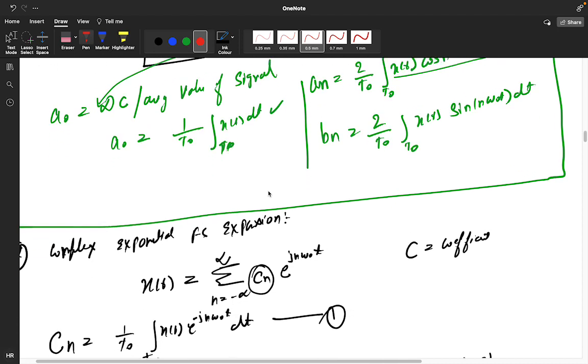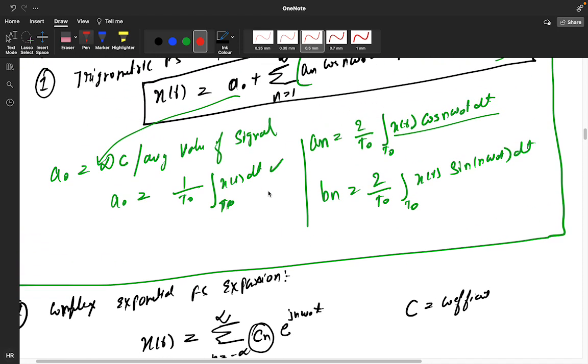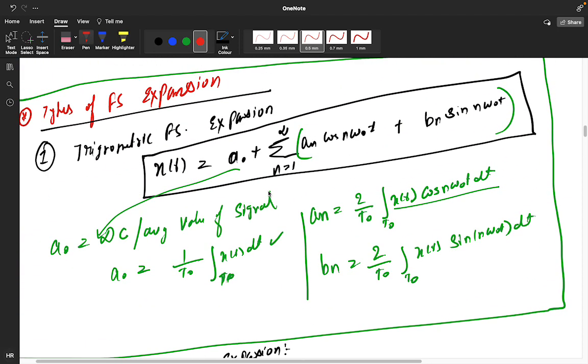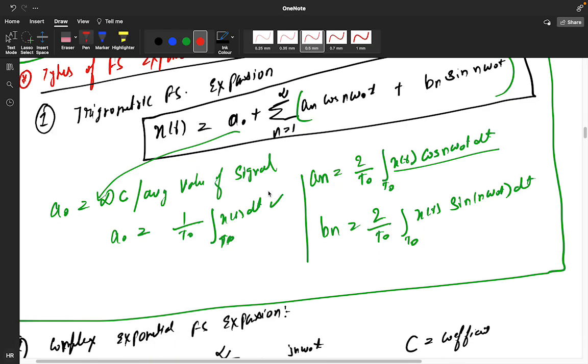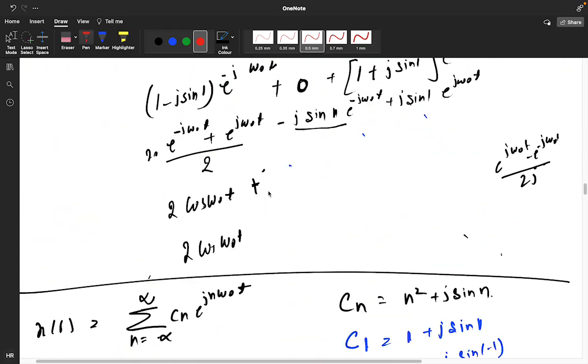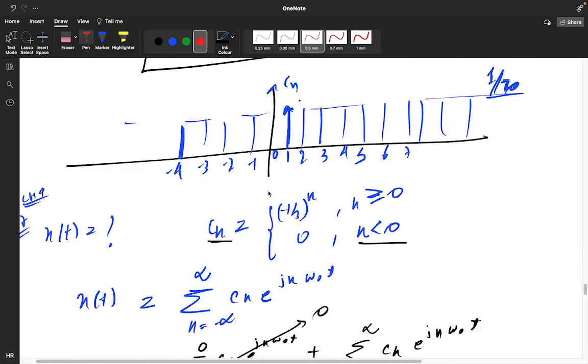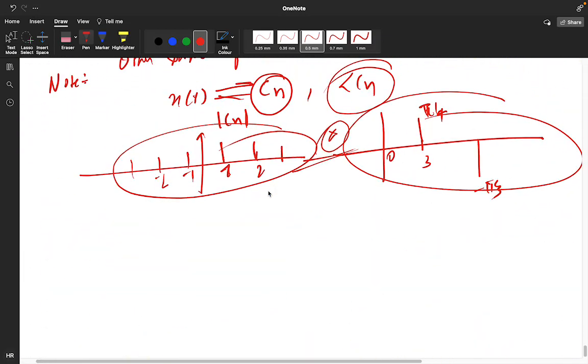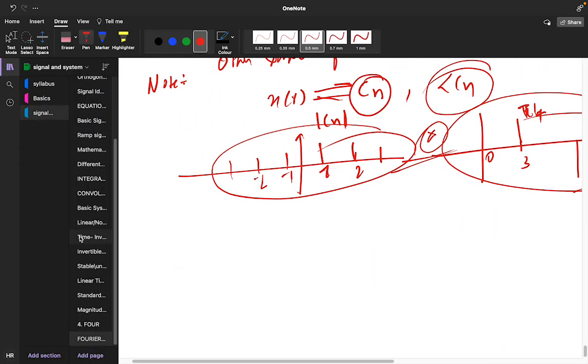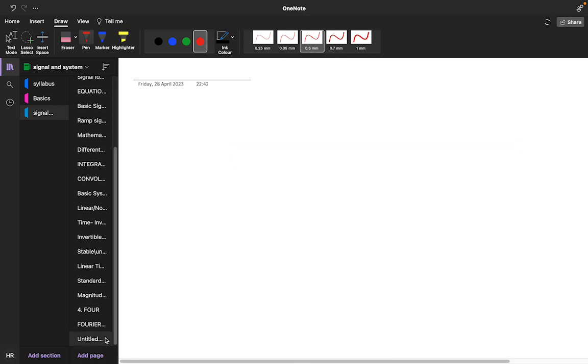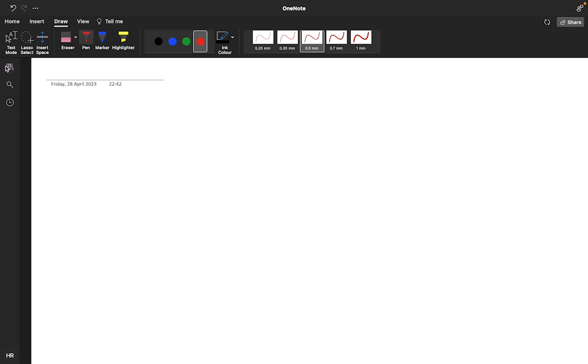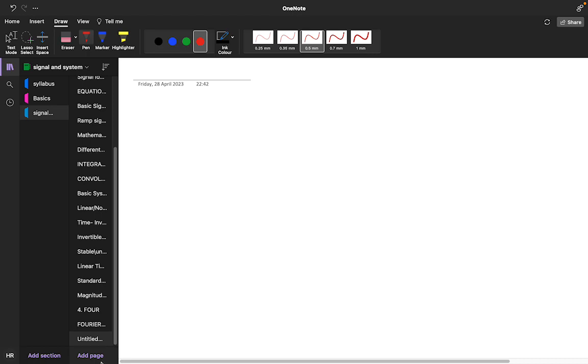Both will give you the same result. So what is the relation between them? We'll check the relations. Okay, write the topic name.